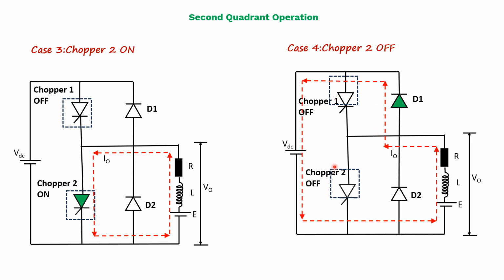At the same time, D1 conducts and the output voltage V0 is equal to the source voltage VDC. Now we can see that the output current is going in the opposite direction in case 3 as well as case 4, but the voltage at the output stays positive. That's why the chopper works in the second quadrant.